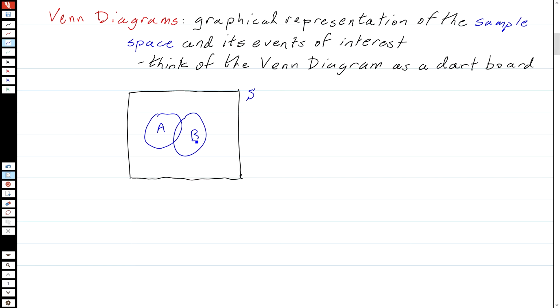And I think of the Venn diagram as being a dartboard. I throw my dart randomly, and where it ends up is what event takes place. So if it ends up here, then neither A or B took place. If it happened to end up here, then event A took place. If it ended up here, then both event A and B took place.